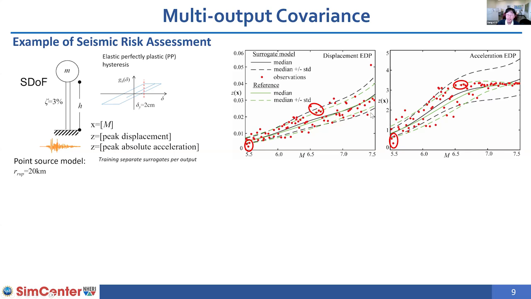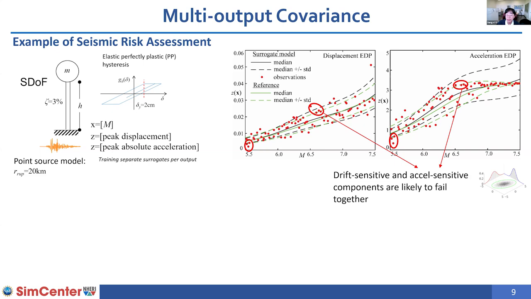And if we train independent surrogates for different outputs, and we don't consider their covariance or correlations, we are losing information. Drift-sensitive and acceleration-sensitive components are likely to either fail together or survive together, and this can really underestimate the final risk prediction.